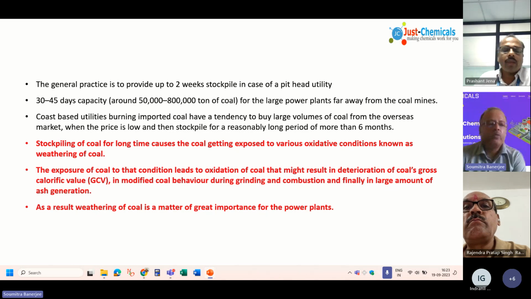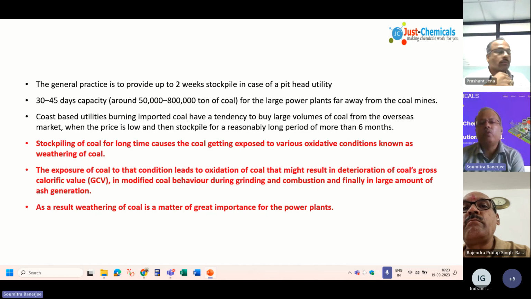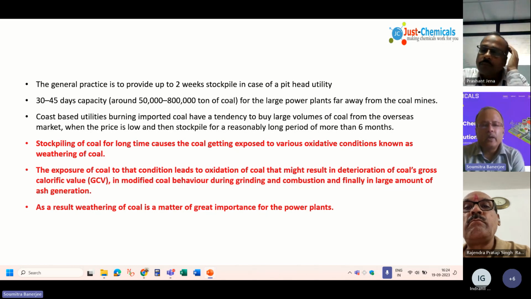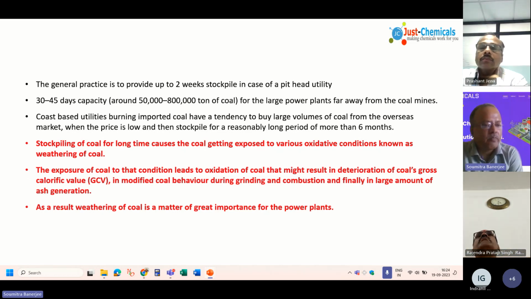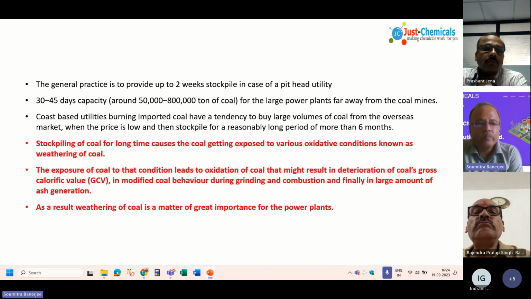So if you search Google for weathering of coal, you'll find a lot of literature available about this. The exposure of coal to these conditions leads to the oxidation of coal that might result in deterioration of coal GCV. So GCV has dropped. You have seen that in the graph, and I'm going to show you some more graphs in the next few slides.